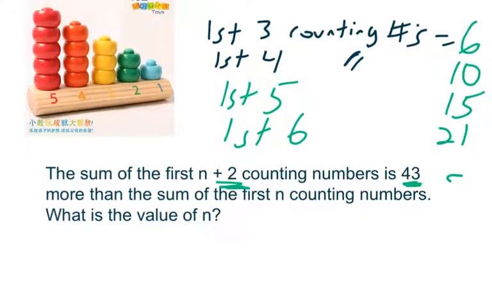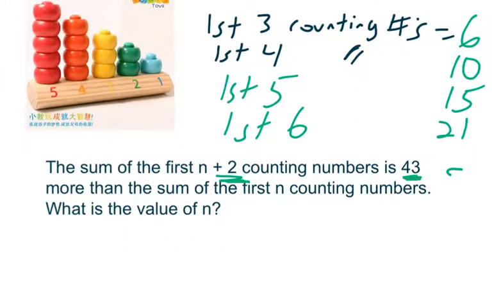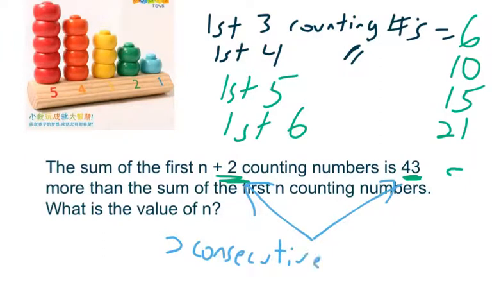So the way that we do the shortcut is we find the 2 consecutive numbers that add to 43. How do I know they're consecutive? Well, look at my pattern I made. 3, 4, 5, 6. We keep adding 4, 5, 6. So they're consecutive numbers.